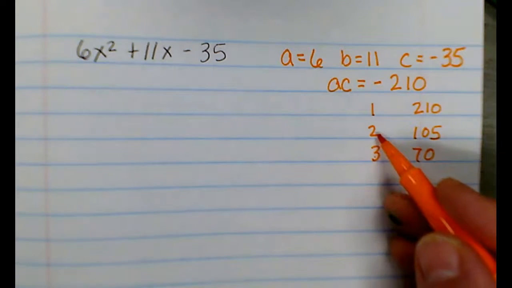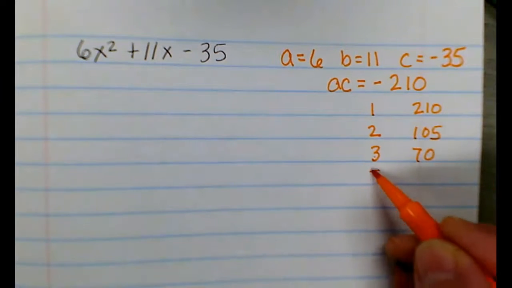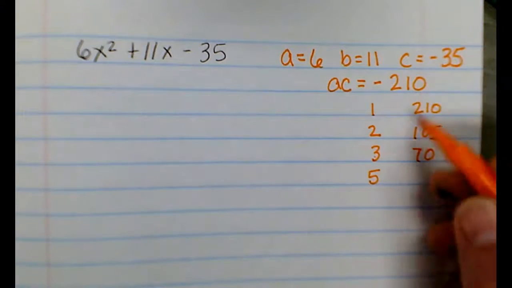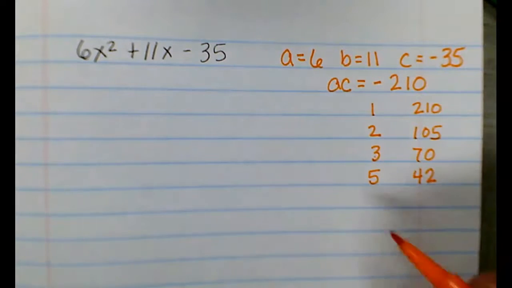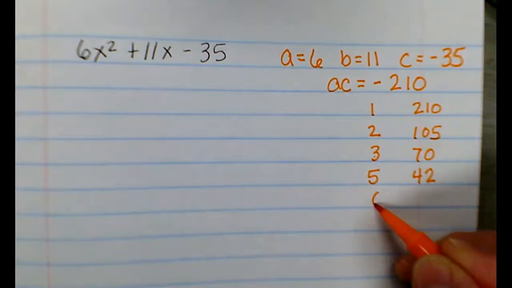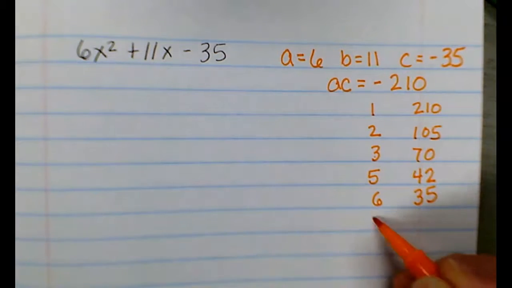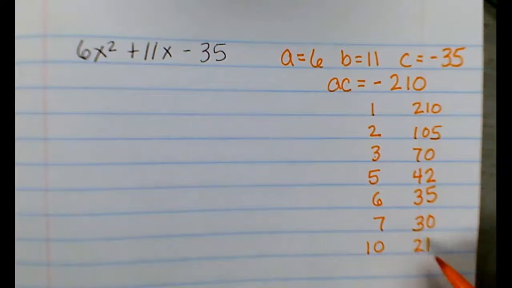Does 4 go into it? No. But 5 goes into it because it ends in 0. I figured these out ahead of time just to save time. And 7 goes into it 30 times. And 10 and 21, and 14 and 15.